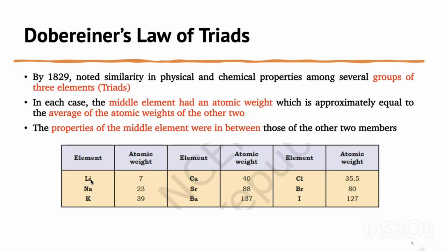Here we can see the atomic weight of lithium is 7 and the atomic weight of potassium is 39. So, the sum of the atomic weights of lithium and potassium will be 39 plus 7, that is 46. If we take the average, 46 by 2, it is 23, which is equal to the atomic weight of the middle element, that is sodium.